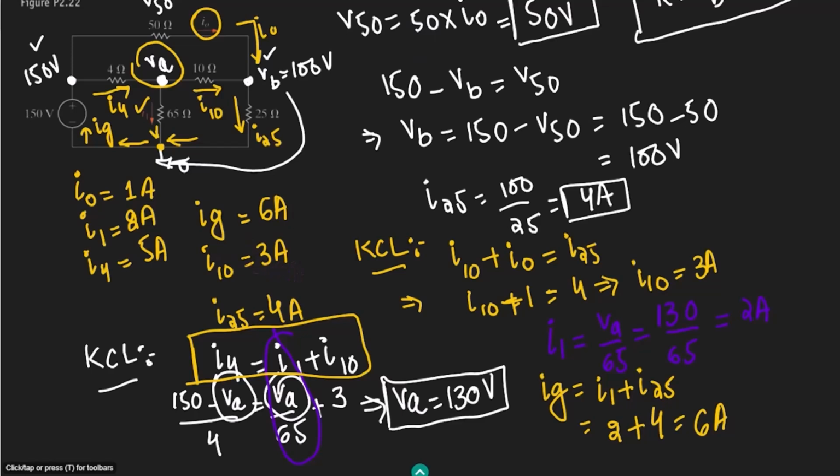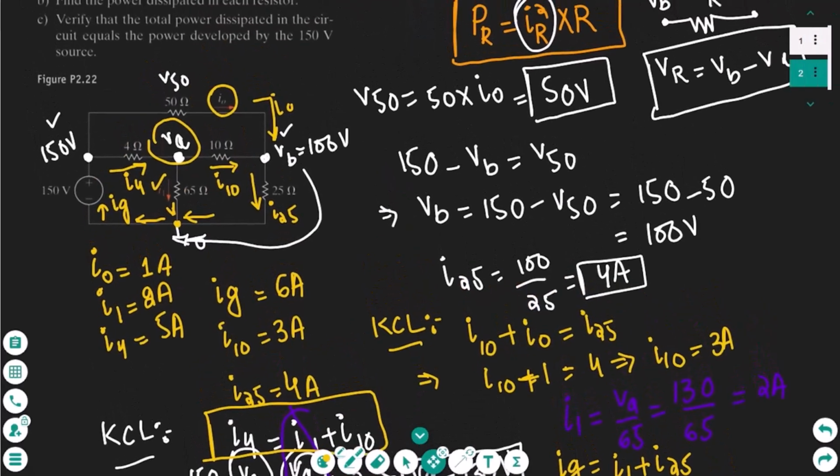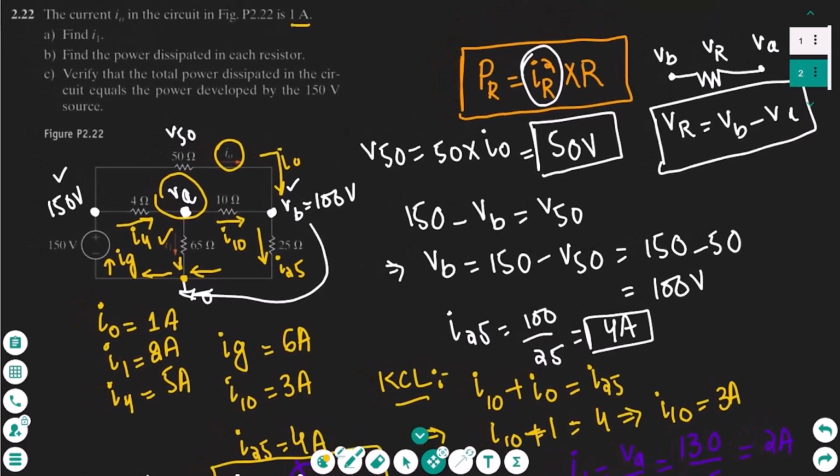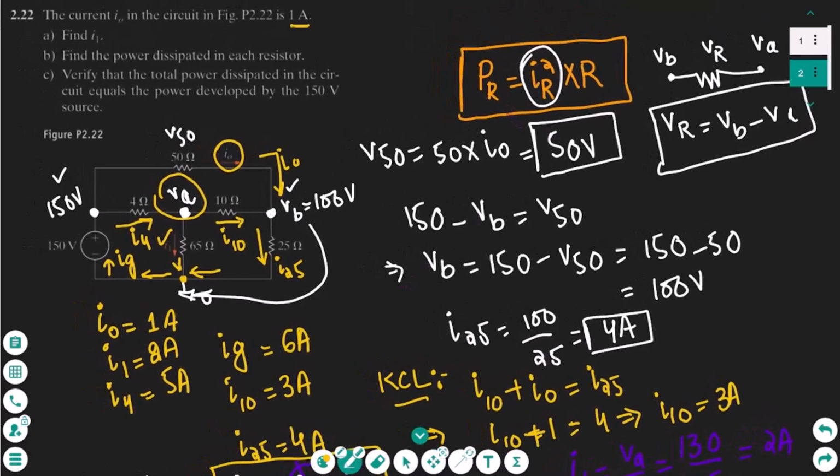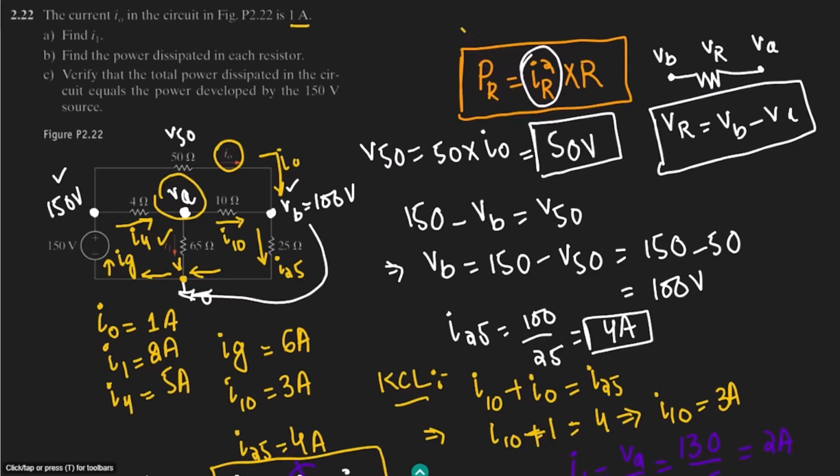So we can see that all the currents are known, we have found them out, and now you can apply the formula which we have already seen here to find the power dissipated in all the resistors. Let me first find it across this 4 ohm resistor.